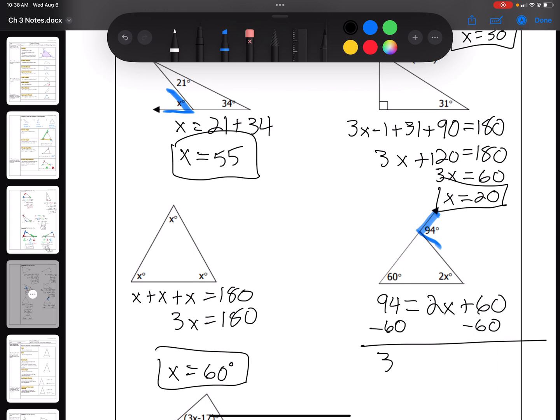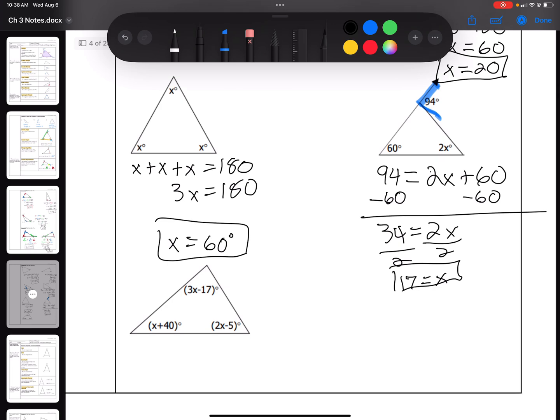It'll leave me with 34 equals 2x. And then all I need to do is divide by 2, and I'm done. So you get x equals 17 there.